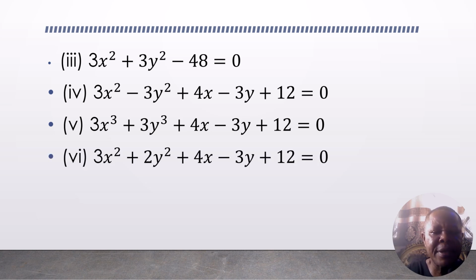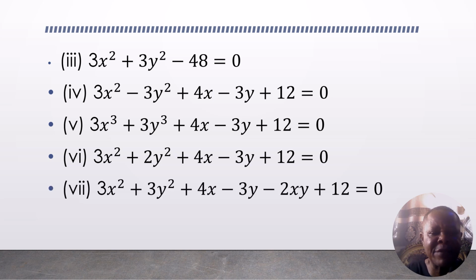6. 3x squared plus 2y squared plus 4x minus 3y plus 12 equal to 0 is also not a circle because the coefficient of x squared is 3 while the coefficient of y squared is 2. 7. 3x squared plus 3y squared plus 4x minus 3y minus 2xy plus 12 equal to 0.